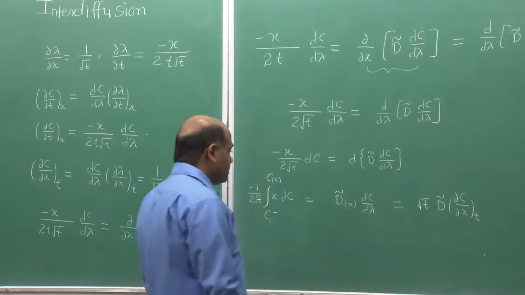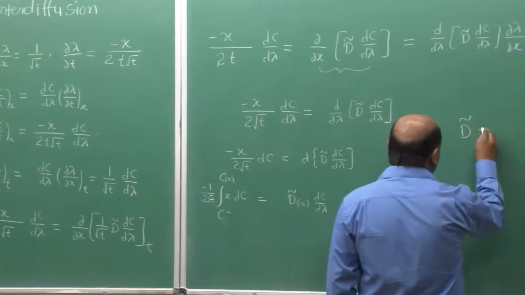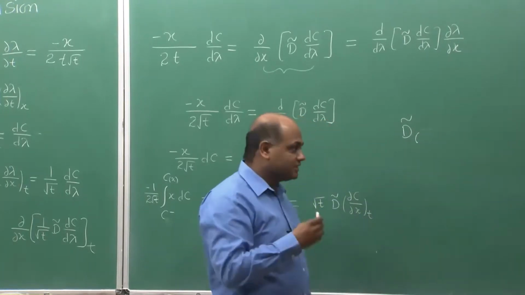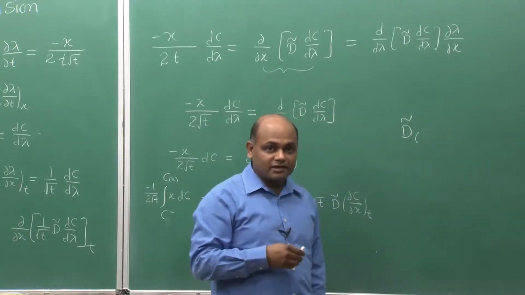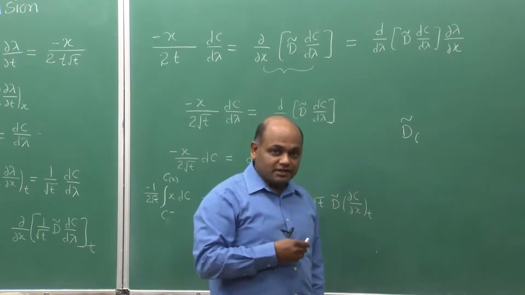And so, if we rearrange, we get the equation for D tilde at x, and since D tilde is actually a function of Ci and Ci is varying with x, that is why D tilde is varying with x.